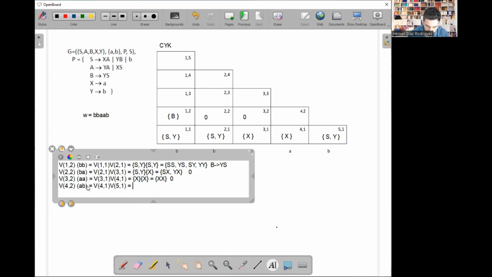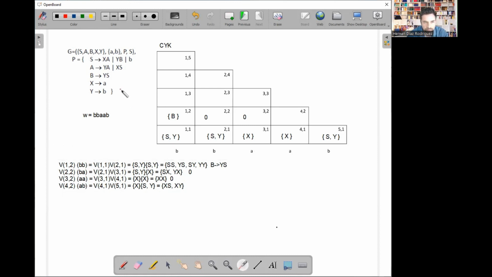And now we have the variable X concatenated with S or Y. Right, so the possible combinations are XS or XY.